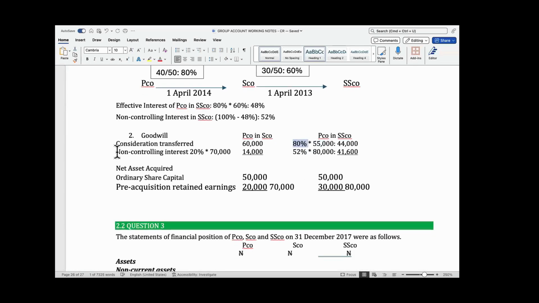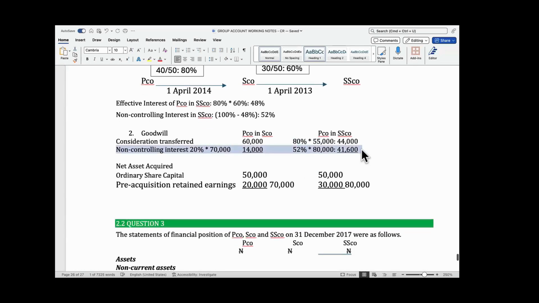Now, that explanation is quite different from NCI. The aim of NCI here is just to ascertain the value of NCI, and NCI is based on proportionate share from this question. In some cases it can be at fair value, where they will just give you the value of NCI. For NCI, we did 20% because he has 20% holding in ESCO, which is 20% of 70,000.